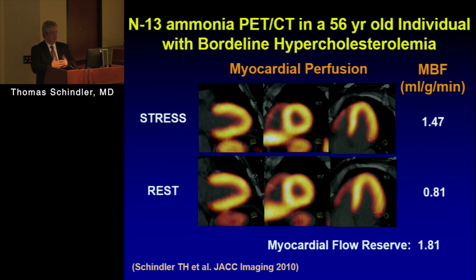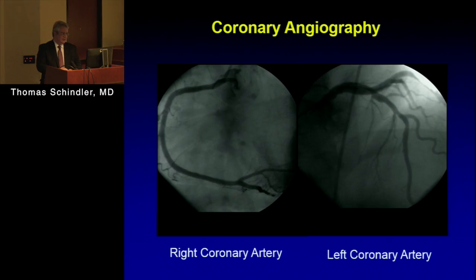And then we go to non-obstructive coronary disease. You have here nice perfusion imaging with N13 ammonia. And you see that the flow reserve, where the normal value is more than 2, is 1.8. So the patient has microvascular dysfunction. And this patient then, for some reason, went to cath, and you see there's a non-obstructive lesion of the proximal LAD, normal right coronary artery.